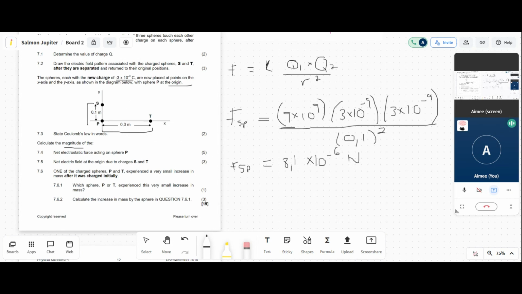Okay, cool, perfect. Now you're going to do the exact same calculation, but for T and P. So now we're doing this side.